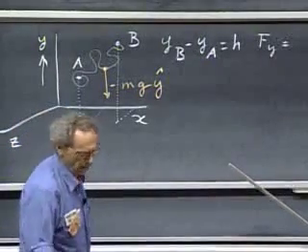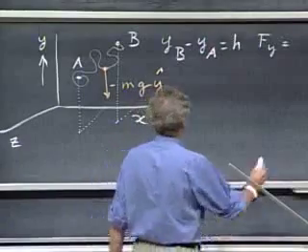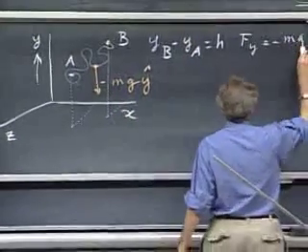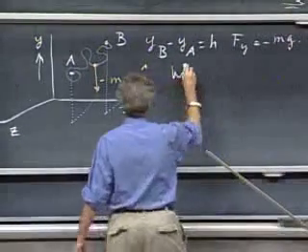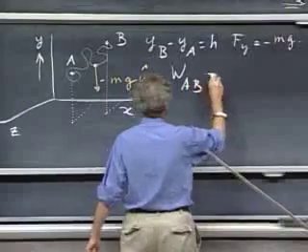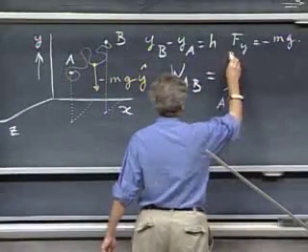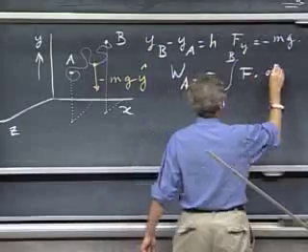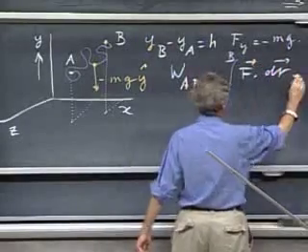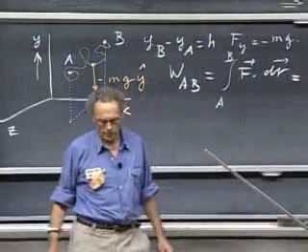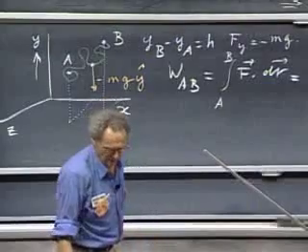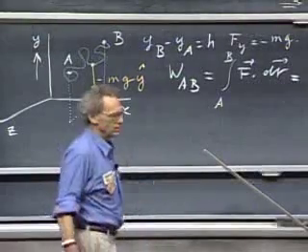They are 0. And so F of y equals minus mg. If I calculate now the work in going from A to B, which is the integral from A to B of F dot dr, then the only term that I have is the one that deals with the y direction. The other terms have nothing in them.